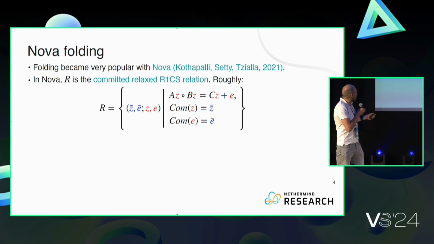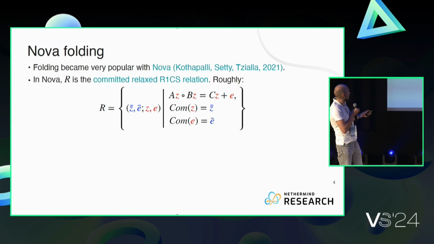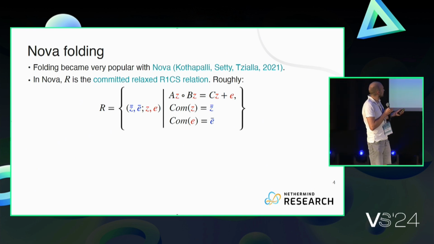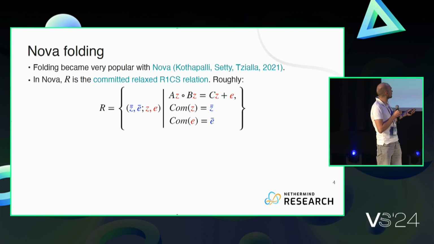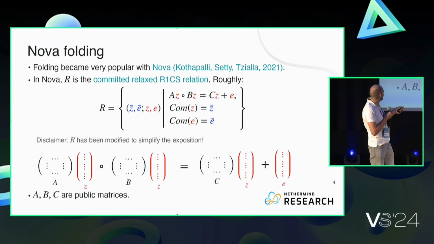On the left-hand side, we have our instance and witness, with the commitment denoted as Z with a bar. Throughout this talk, I will refer to committed values as values with bars. We also have an error term E, also with a bar. Here you see our well-known R1CS relation, but with a twist.